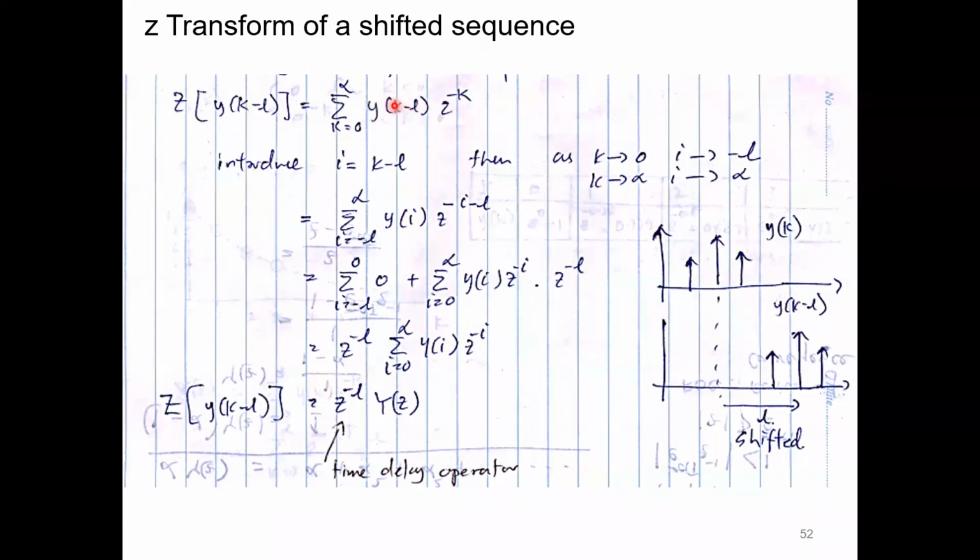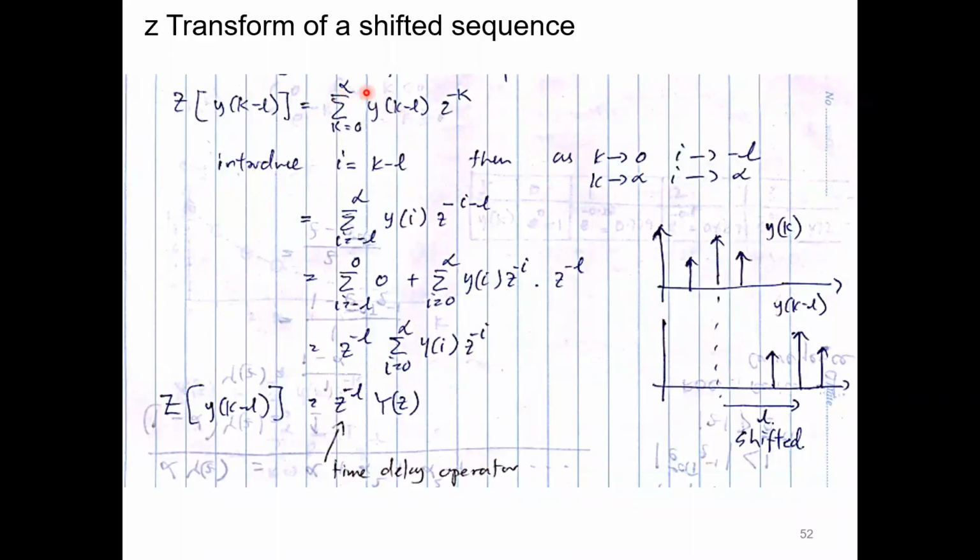So what we do is replace this k minus L with another time variable. Let's call it i. When I take k minus L, which is equal to i, I can write y(i). I like it that way because that is in line with the definition.